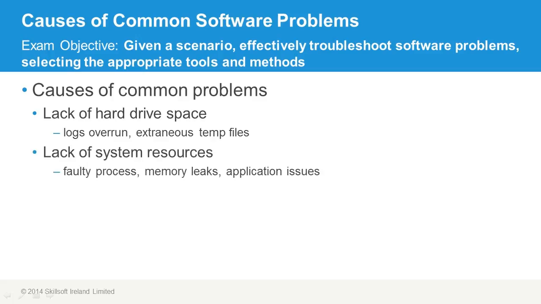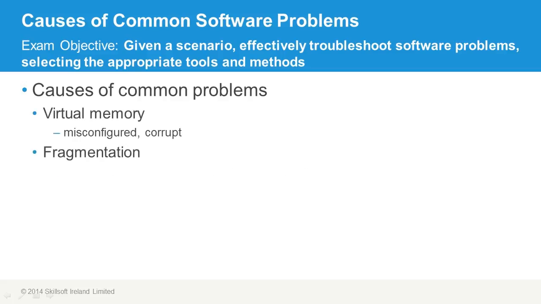If it's just a lack of system resources, it could certainly be a faulty process, one that has consumed too much in terms of the resources. It could be a memory leak, and it simply could be any kind of an issue with the application itself. But the system basically says it's out of virtual memory, or it simply doesn't have any processor time left, or it just takes forever for the application to load, things like that.